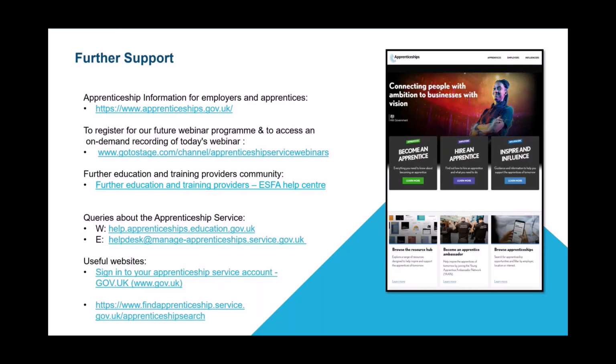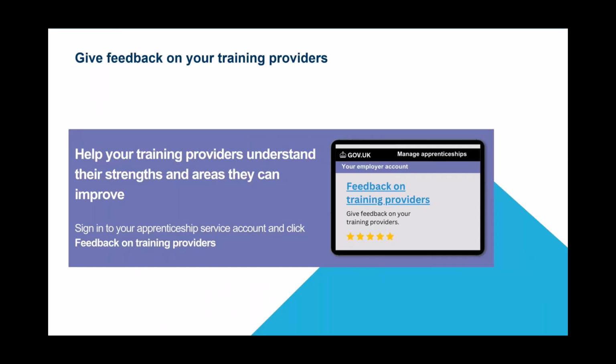Just want to remind people, particularly the employer colleagues, you can give feedback to your training provider about their strengths and areas to improve, and you can do that through your Apprenticeship Service account. If you can go and give your feedback, you can help your provider to improve their service to both you and your apprentices, and it also helps other employers to choose their providers, because they'll see that information in Find Apprenticeship Training.